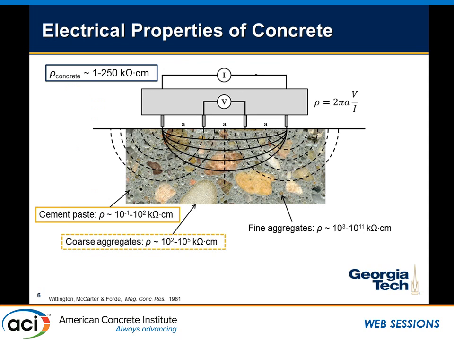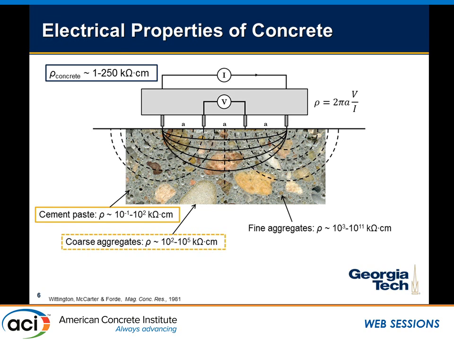So to review, concrete has a resistivity somewhere in the range of about 1 to 250 kiloohm centimeters. And that's controlled largely by the cement paste, the pore solution conductivity, which is about 1 to 100 kiloohm centimeters. It's right in that range that's typical for concrete.